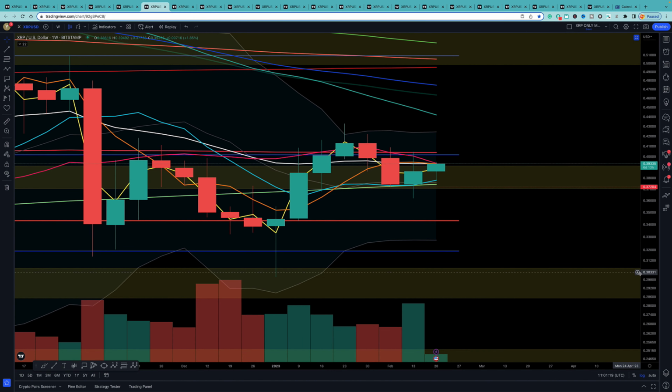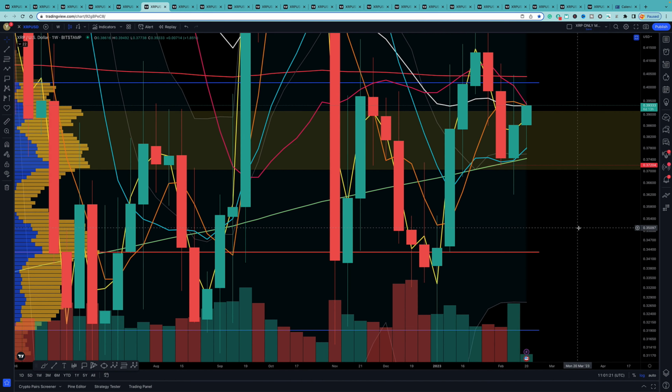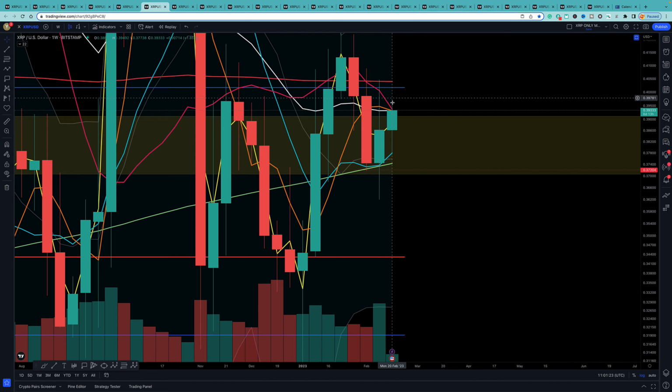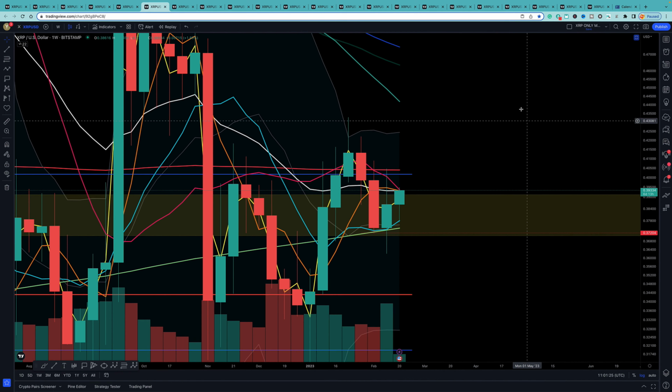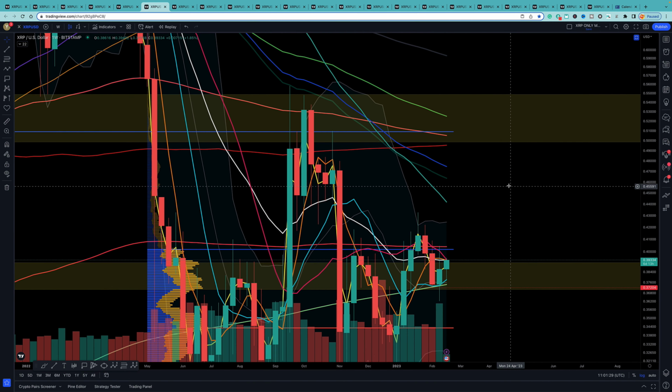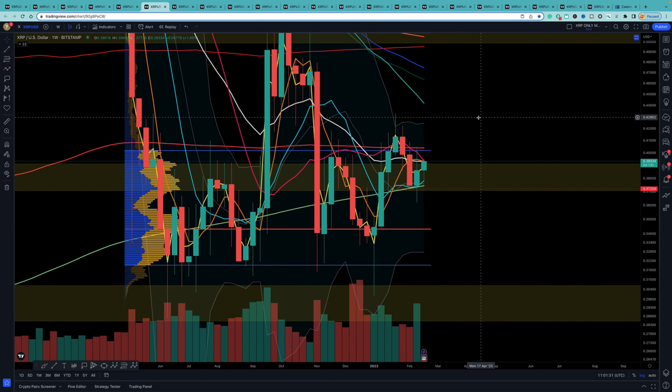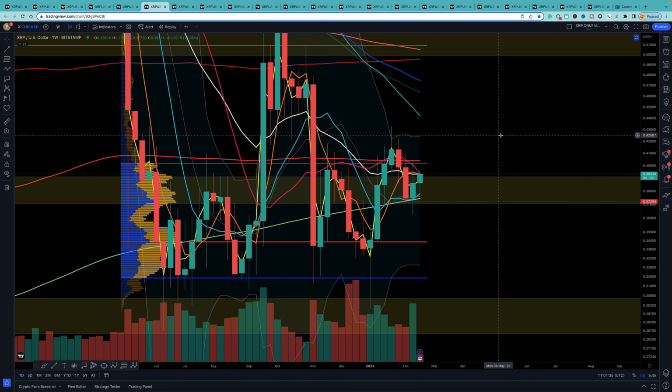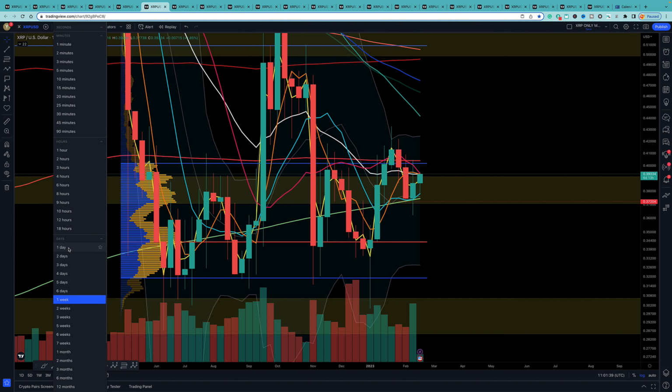So when I look at the weekly, and I look at the support it has, but then I look at the resistance and what's coming down, it's hard to imagine that all that pressure coming down is just going to get blasted through. I could be wrong.